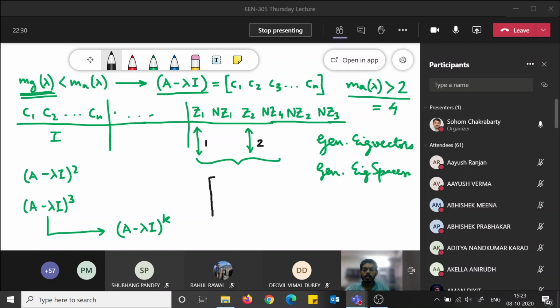That means there is a Jordan block of size k, which is k cross k. So the index of the repeating eigenvalue in the minimal polynomial gives you the size of the largest Jordan block. This has been proved in one of the lectures. I don't recall the proof right away, but it has been given in the Jordan form module, perhaps in the first or second lecture.